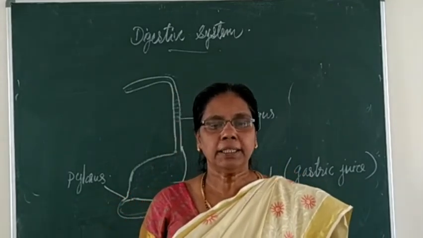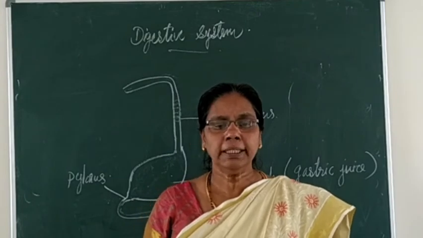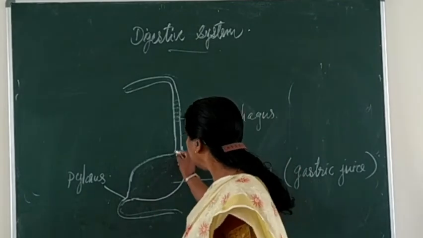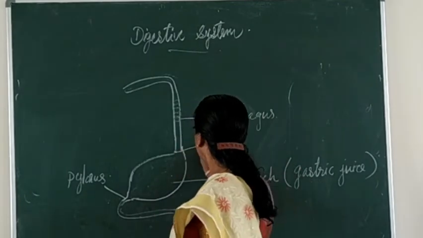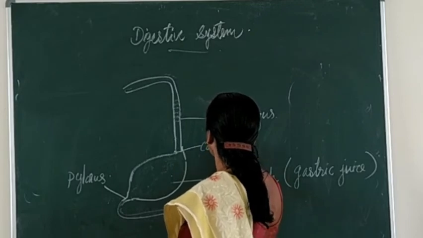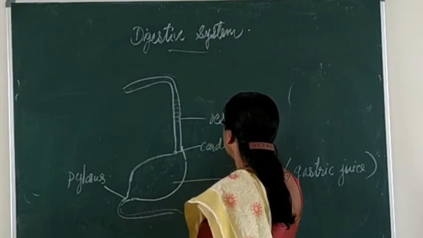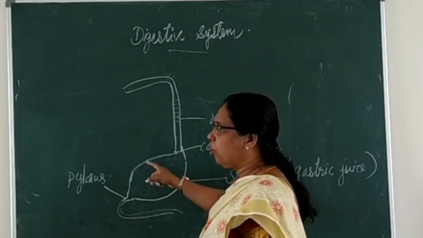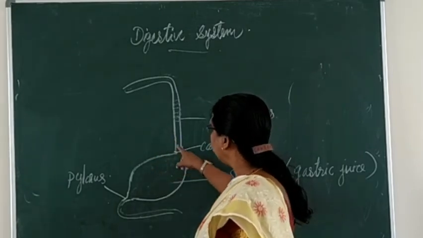Again you can see another opening called as cardiac sphincter here in this region. So what is its function? It prevents the flow of food back to where?